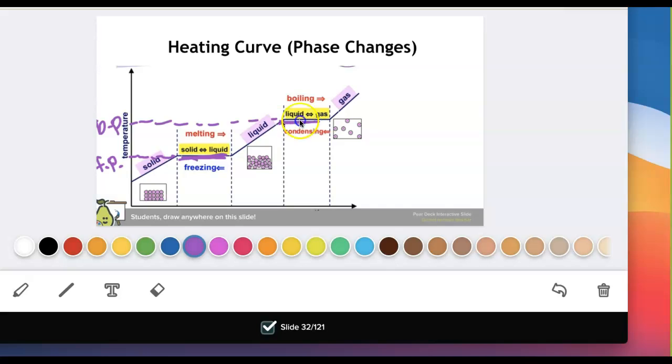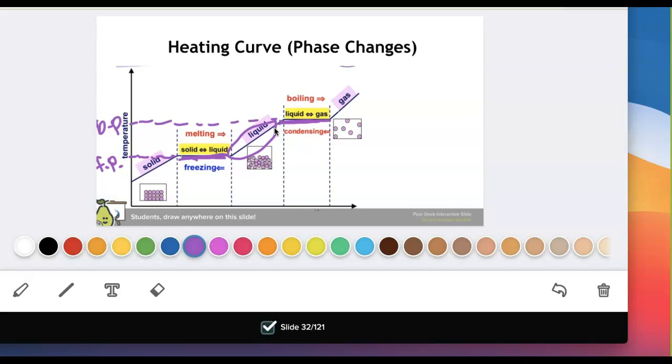And along this flat line right here is where the substance starts to boil. It's its boiling point. So think about it. If you're below a substance's freezing point, it's a solid. If you're between freezing and boiling, it's a liquid. And if you've boiled it, it's a gas. That is the same for all substances.